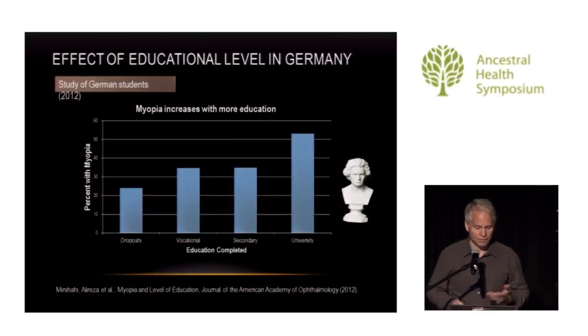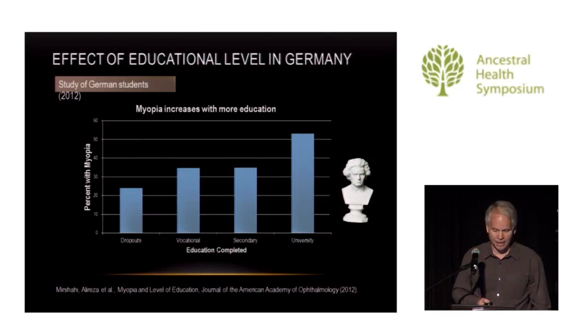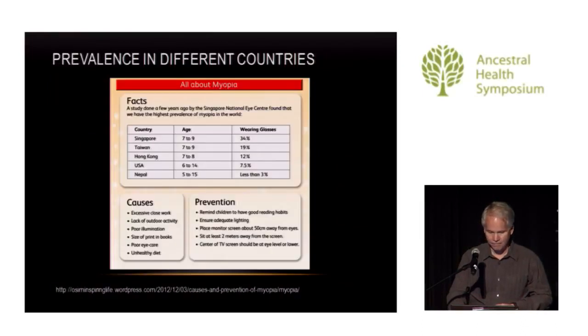If you look at Germany, there was a study done just recently where people who did not complete secondary or vocational education had maybe 20, 30% myopia. Those who completed their secondary education, it bumped up to maybe 35, and then those who completed university, more than half of them had myopia.